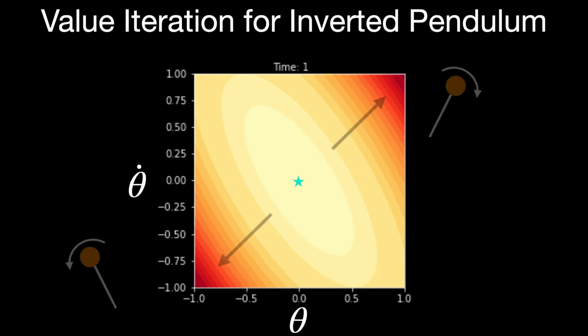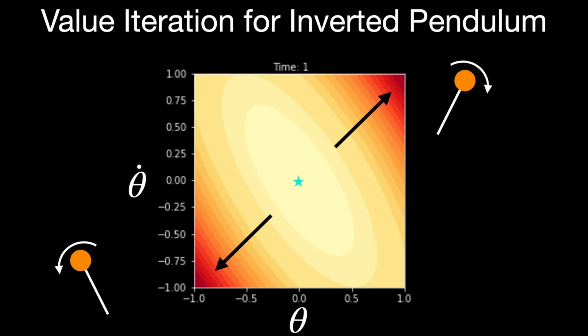Okay, now look at the top right and bottom left corners. The values here are really high. This time, the angle and the angular velocity have the same sign. So the pendulum is moving faster away from the center. It's pretty cool that the math just tells us this intuitive fact about what are easy and hard states.